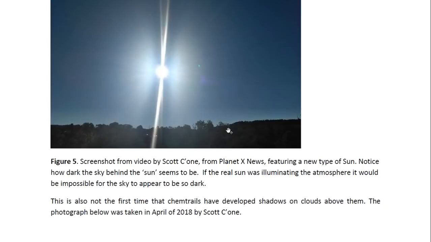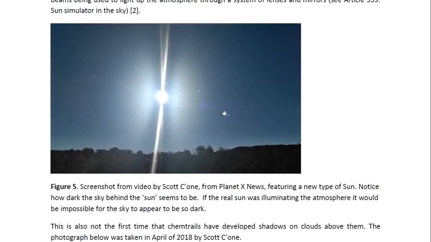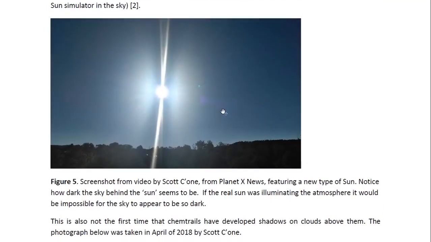So notice how dark the sky seems to be. If this was the real sun, the real sun would illuminate the whole atmosphere from the top towards the bottom. But this light source is illuminating the atmosphere from below. It's close to the observer rather than illuminating the atmosphere from above.